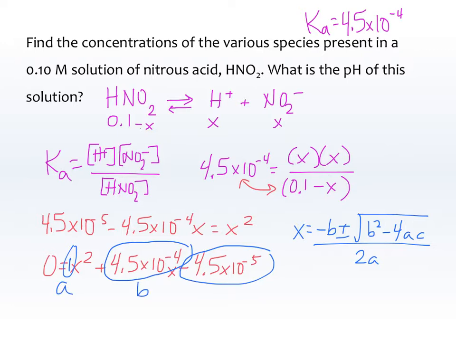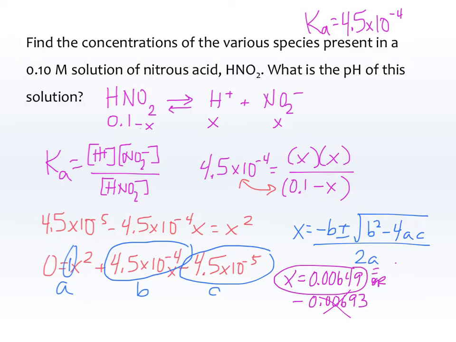So I'm going to leave it up to you to plug in those numbers, and you're going to get x equal to 0.00649 or negative 0.00693. A negative number will give you a negative concentration, which is not possible. So there's your x.